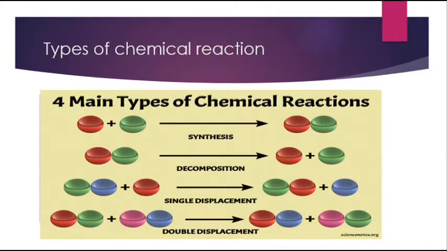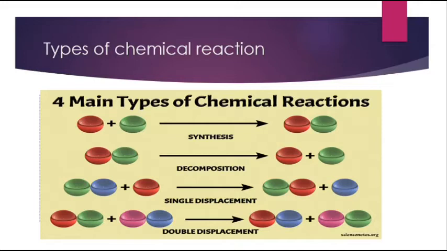Types of chemical reactions. There are four main types of chemical reactions: synthesis, decomposition, single replacement, and double displacement. For easier understanding of this part, remember: synthesis, you're getting married, while decomposition, you're getting a divorce. In single displacement, your partner cheated.